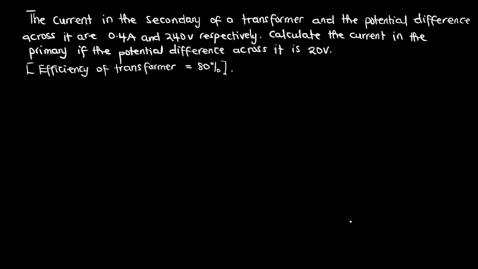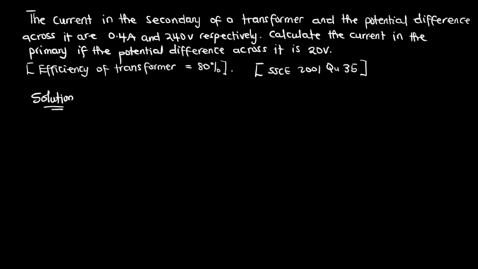Remember that the efficiency of the transformer is 80%. Actually, this is the SSE 2001 question number 35, an objective question. Then again, let's look at the solution to this problem.